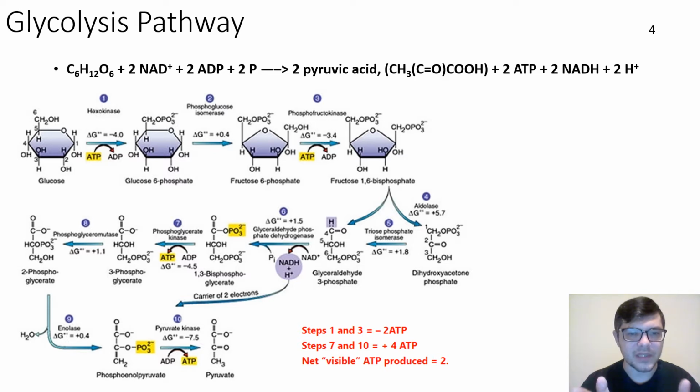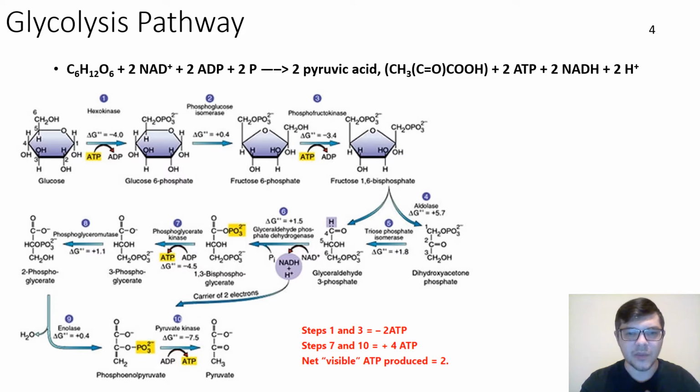So step 7, you have an ATP generated from an ADP coming and taking off a phosphate from one thing, and also you will have another phosphate taken off before you get to pyruvate. Well, that happens twice. It happens for each of your intermediary molecules.